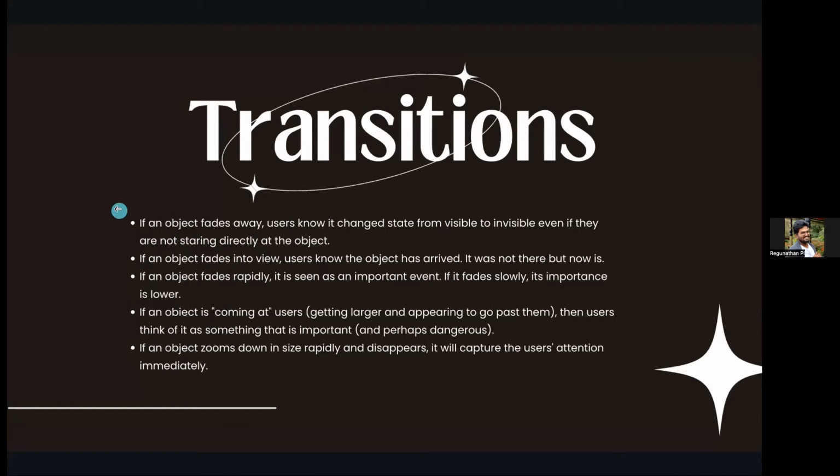For example, if an object fades away, the user knows that the state has gone from visible to invisible, and that the object is not particularly meant to be focused on. If an object comes into view, the user knows that something has arrived in their point of view, so they can take an action towards it.